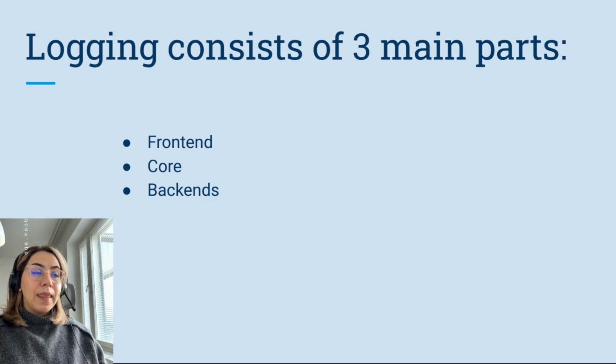Now, it's good to know that logging in Zephyr consists of three main parts: front end, core, and backend. The front end captures logs and prepares them. The core processes and manages log messages.